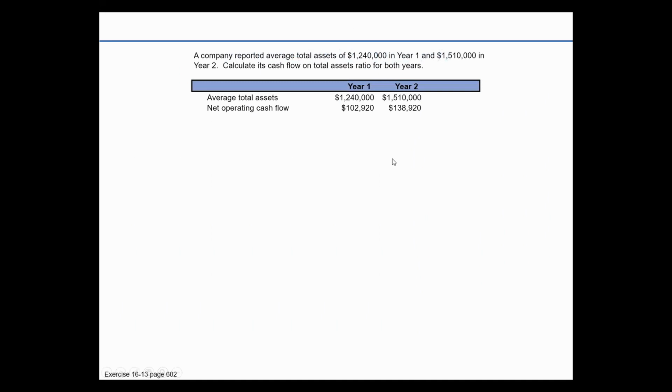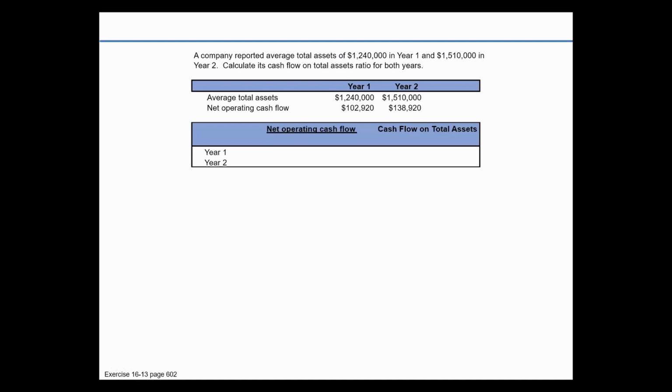So a company recorded average total assets of 1,240,000 in year one and 1,510,000 in year two. Calculate its cash flow on total asset ratio for both years. To do that, you're just going to take the net operating cash flow divided by the average total assets.